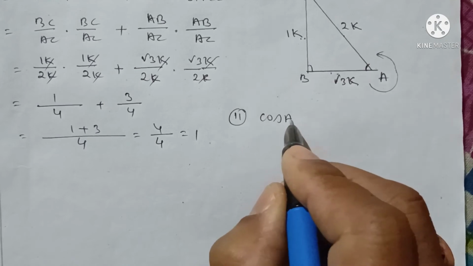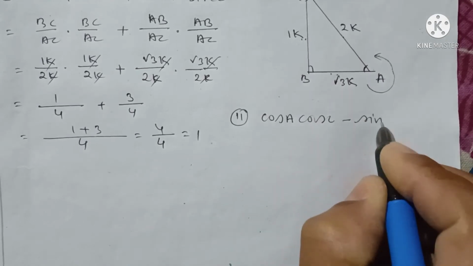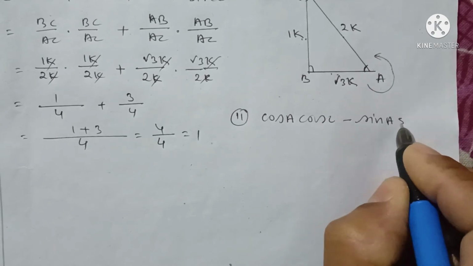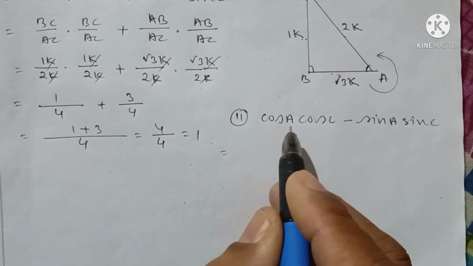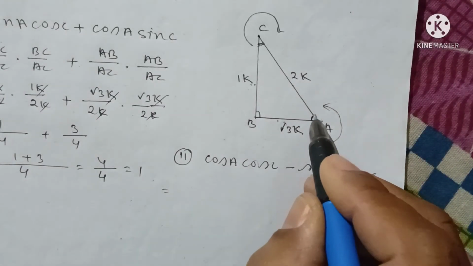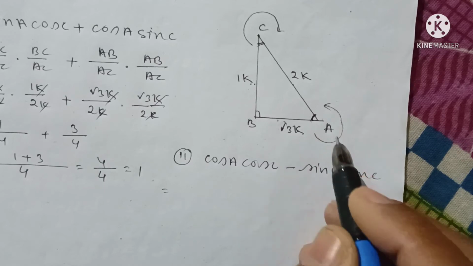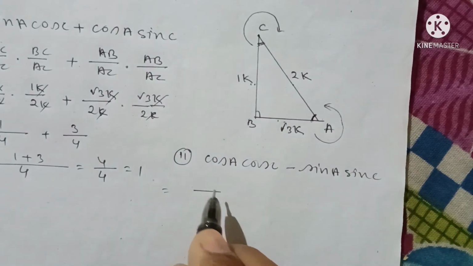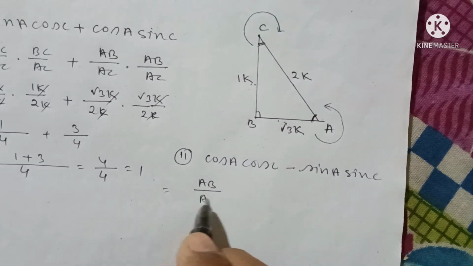Cos A cos C minus sin A sin C. Now what is cos A? Here this is acute angle, base by hypotenuse. Base is AB, hypotenuse is AC.